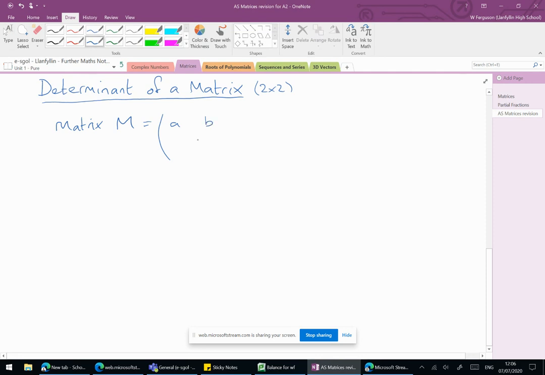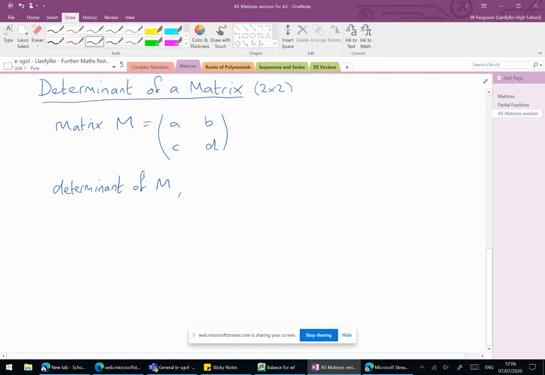Supposing I've got 4 values here, A, B, C, D, whatever numbers those would be in this matrix M. Then the determinant, I might use a variety of different types of notation for talking about the determinant of M.